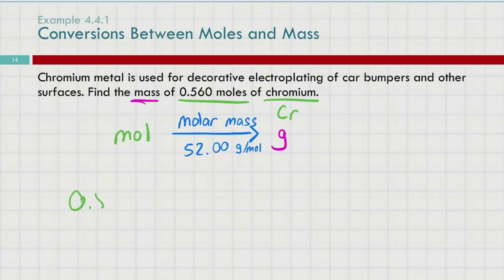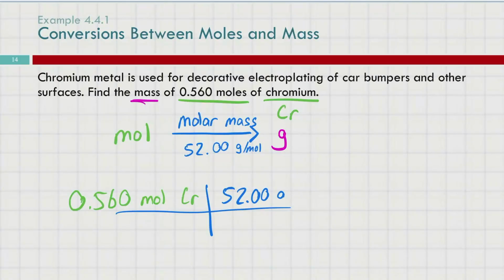So starting with 0.560 moles of chromium, Cr, we're going to multiply by 52.00 grams per mole. Since it's grams per mole, the moles goes to the bottom. So moles cancel. So we've set this up correctly.